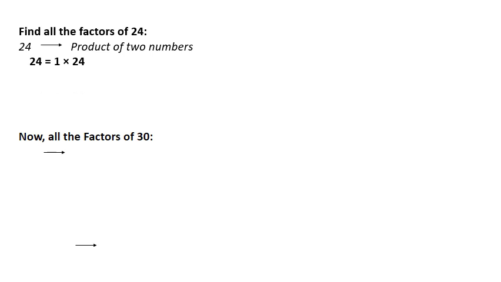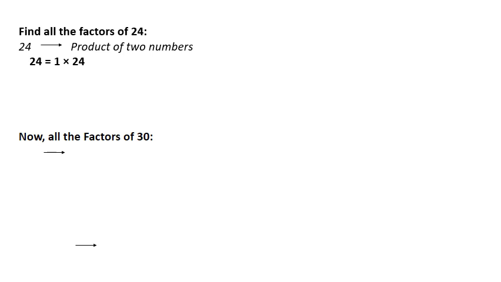Here, the first combination of 24 with 1 is 1 twenty-fours. Now let's see the second combination. After 1, I will see the possible combination with 2. If 2 is not possible, then I'll go with 3 and then 4 and so on.